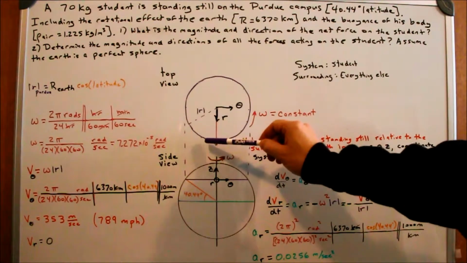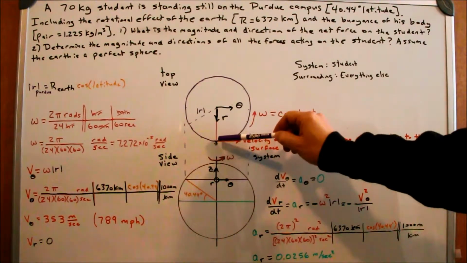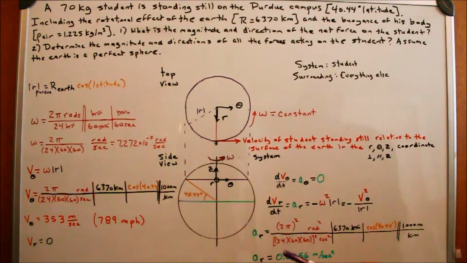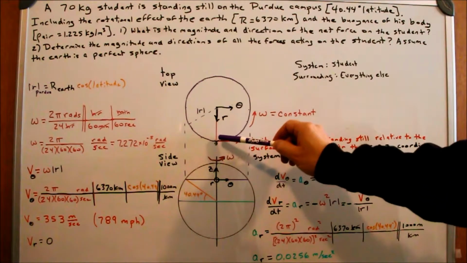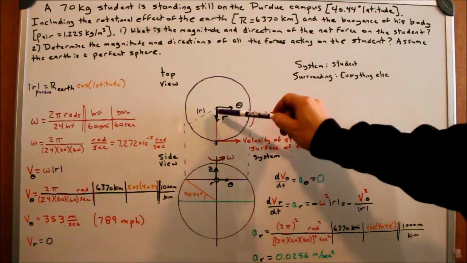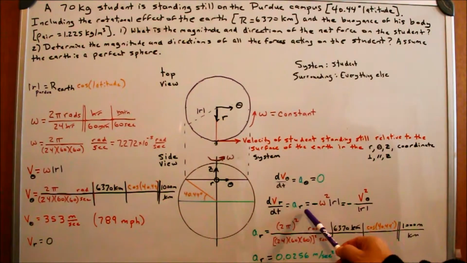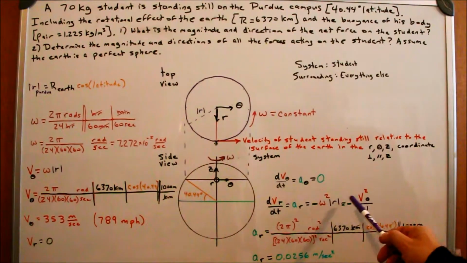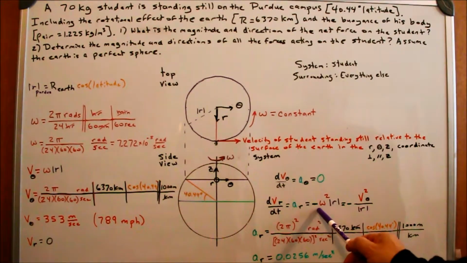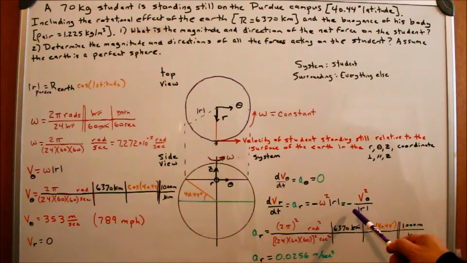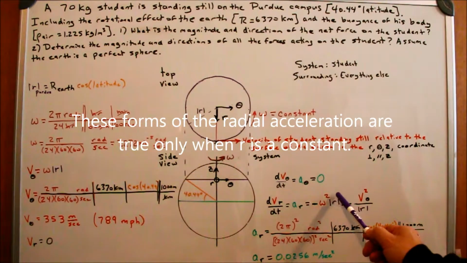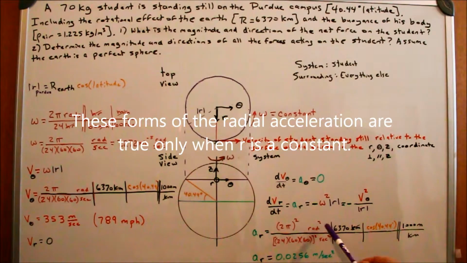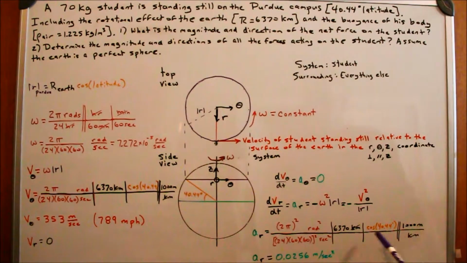However, there is an acceleration which is going towards the center. When I have any rotation going on, there's an acceleration towards the center, which is described by two equivalent forms: minus omega squared r, or minus v squared over r, where r is a constant value. I'll pick this form, substitute in the values and solve for it.